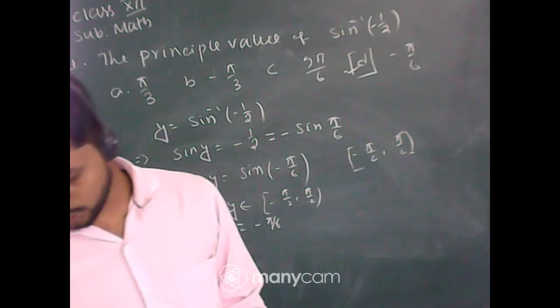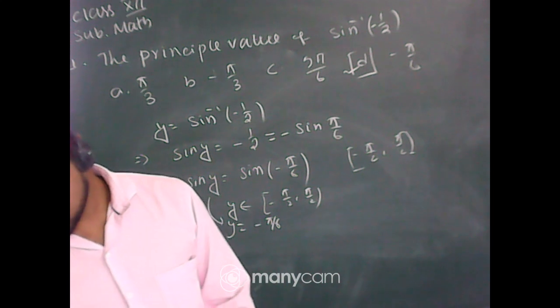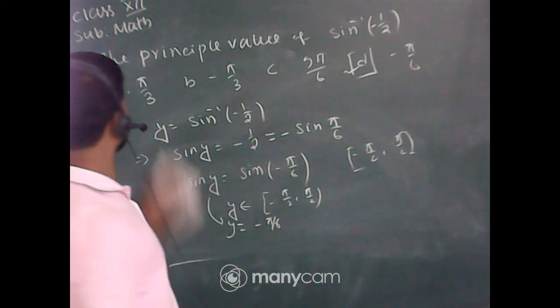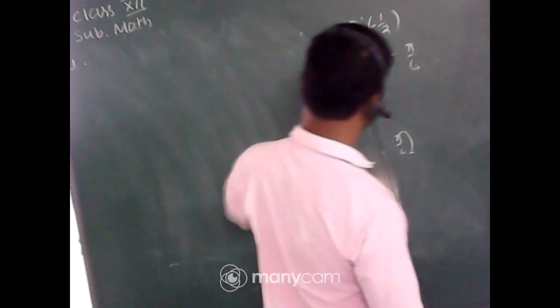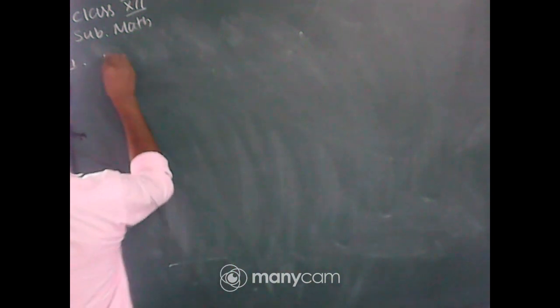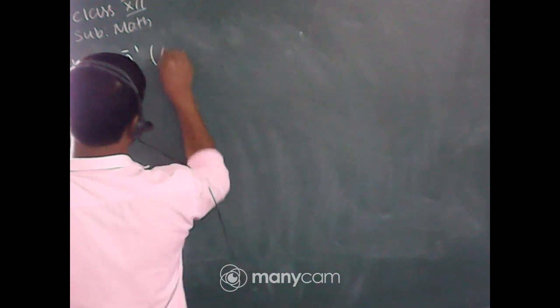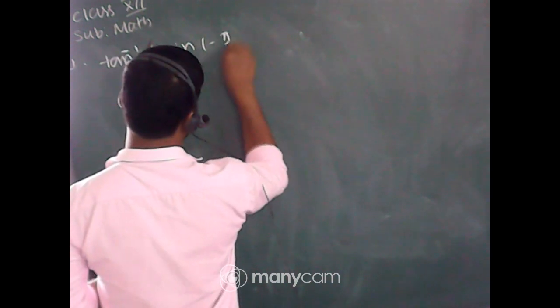Okay, now the second question. The second question is tan inverse of sine of minus pi by 2.